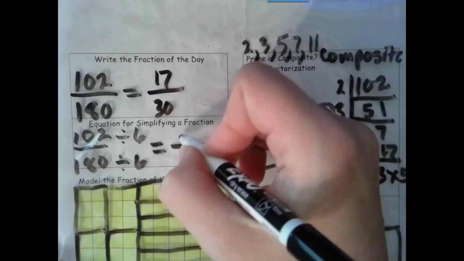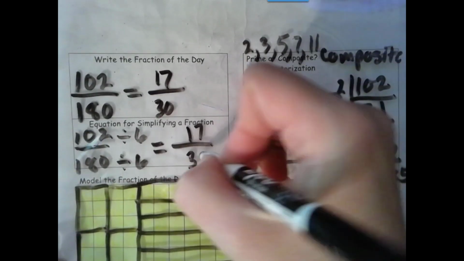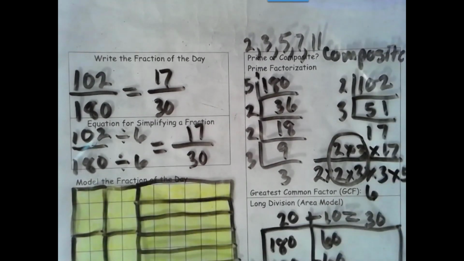So our numerator is definitely 17, and our denominator is definitely 30.